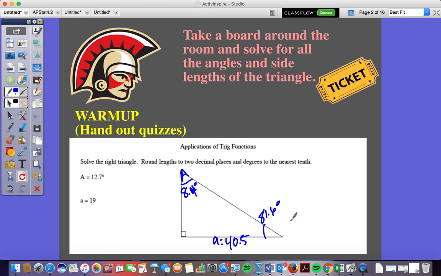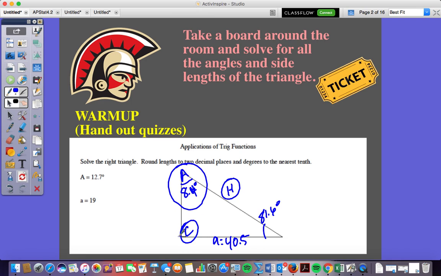Okay, so this is the part I wanted to make sure I hit on as we work out one of these, right? Again, as I told Devin earlier, there are multiple ways to do this. I'm just going to go over one way. Let's say A is the one we're looking at. We have the opposite side, and let's say we're trying to find the hypotenuse. Now, here's something to remember. What is the largest angle? 90, right?